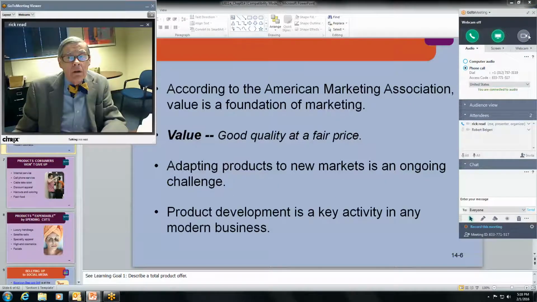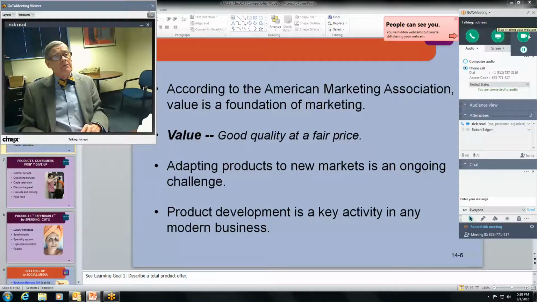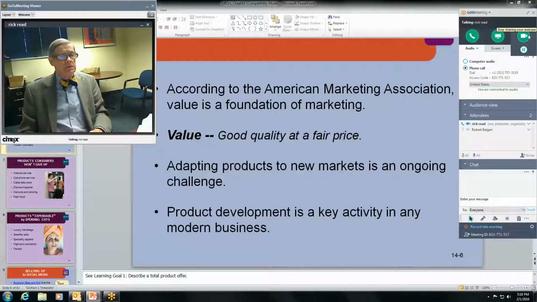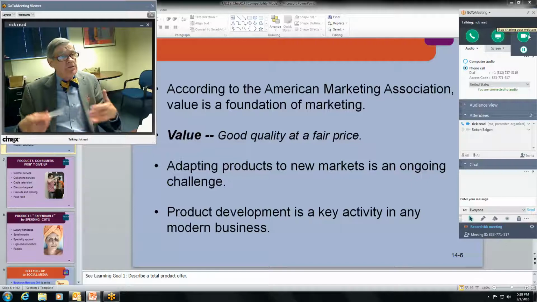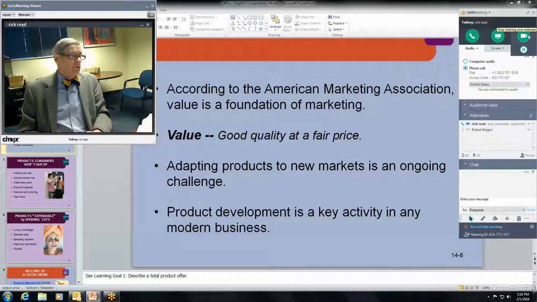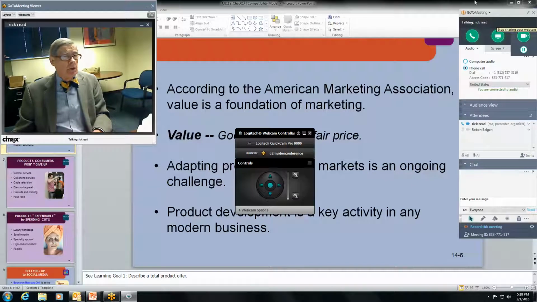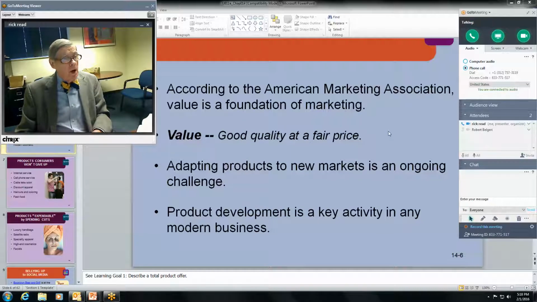This is from a definition from the American Marketing Association. Notice what it says here: value is the foundation of marketing. That's just saying that individuals have a perceived value of what they're purchasing. And without going into a lot of explanation, the definition of value is offering a customer, no matter who the customer is or what kind of customer he or she is, good quality at a fair price.